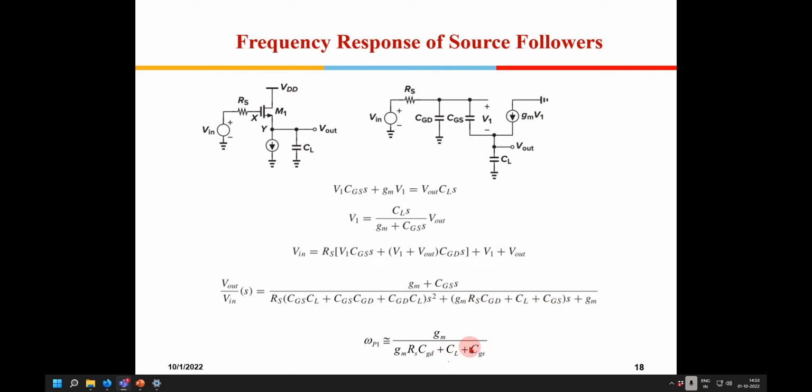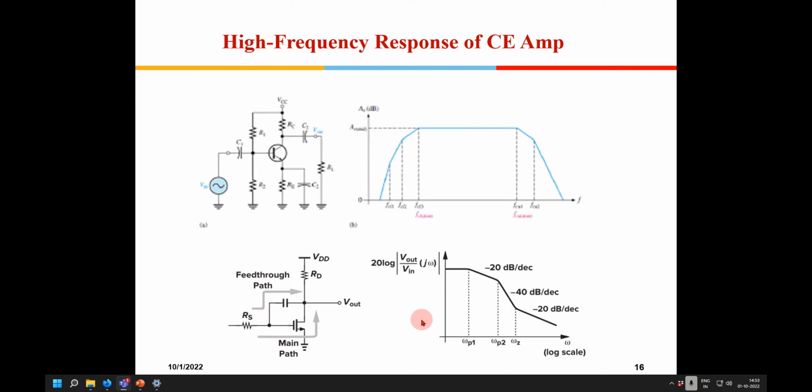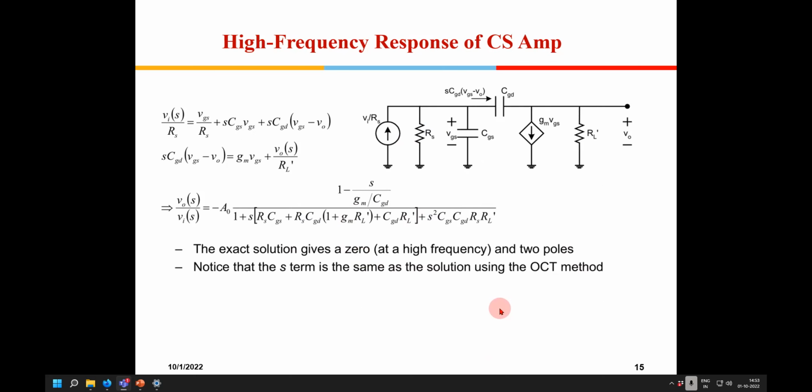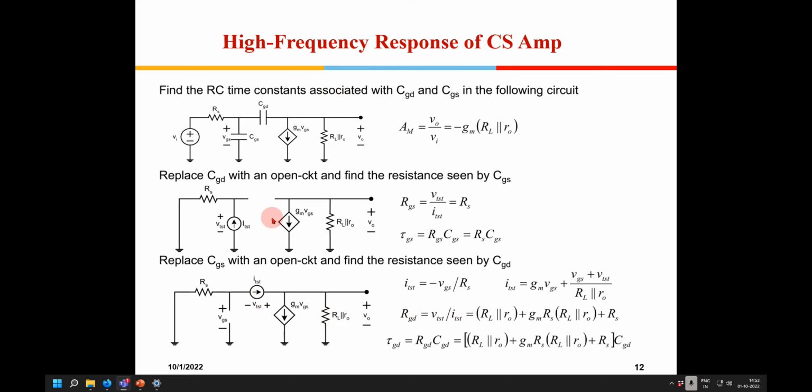Here also you will find that this doesn't suffer from very high frequency issues. You don't have to really worry about all those things. The takeaway from this lecture should be only a few things. For a CS amplifier, the CGD comes into the input side along with the Miller effect, that is, the CGD gets multiplied by the gain factor, and hence it suffers from high frequency attenuation.